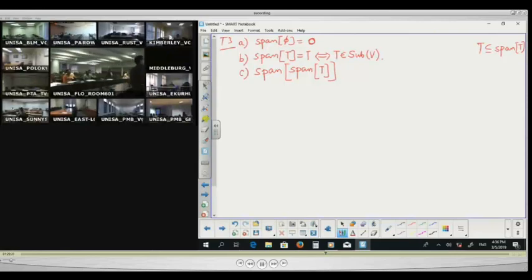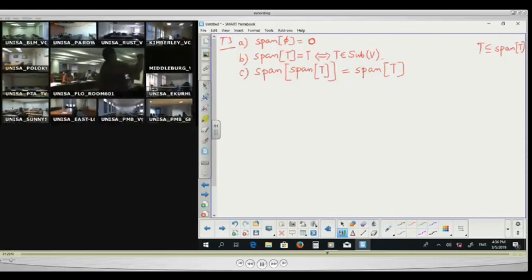Is this clear? It's not T, but it is a span. But can't you just say that C equals T? Why? Because remember, we're given in B that the span of T equals T. These are separate assertions.